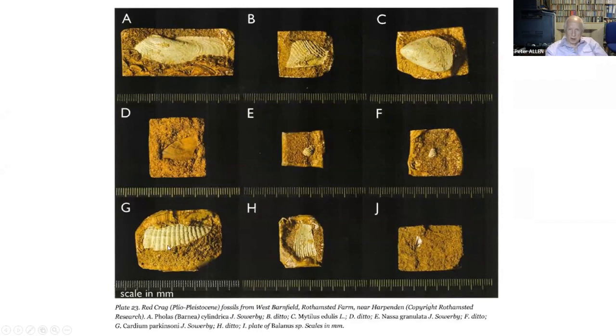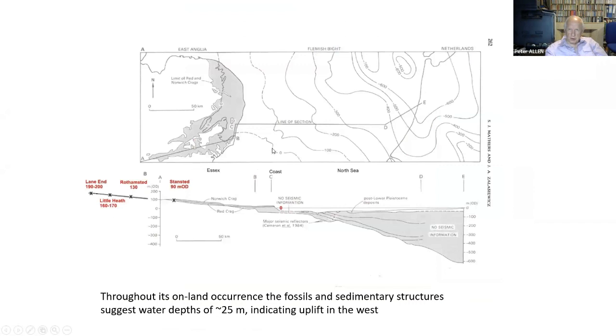So that's to the west of the main outcrop, which goes as far as Stansted Mountfitchet. To look at this in a different way, here's the Red Crag from the map I was just showing you, and here's a section. You can see we go inland to Stansted Mountfitchet, but if you extend, you do find remnants.